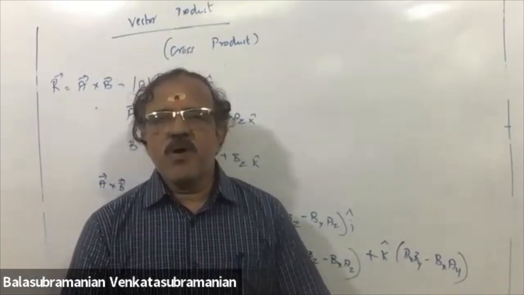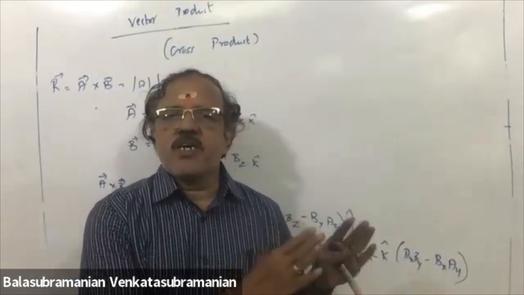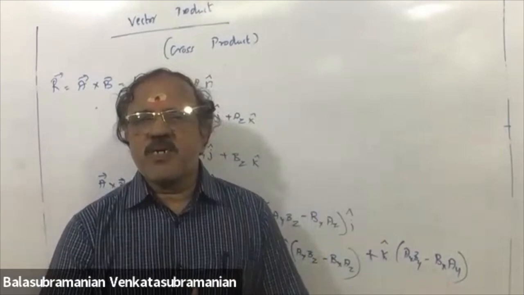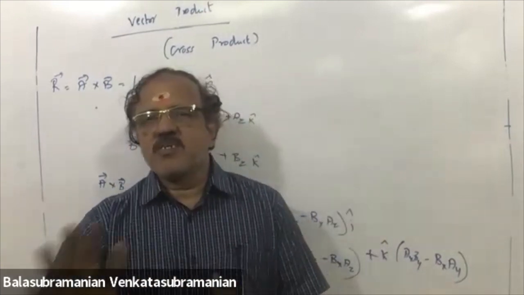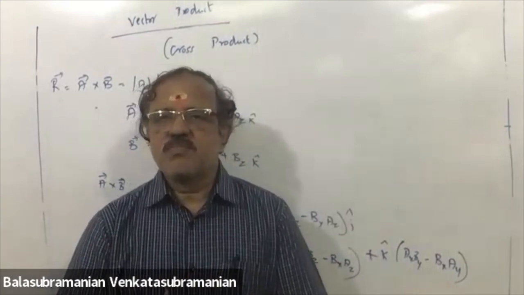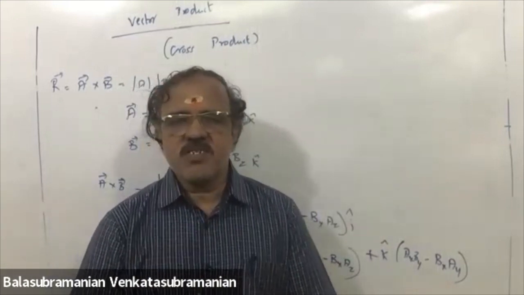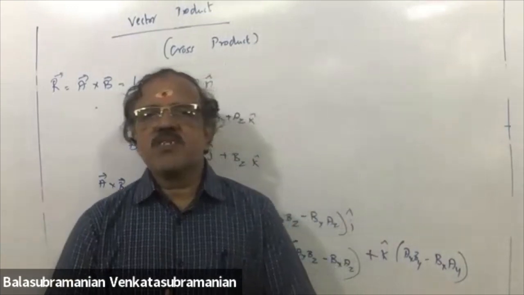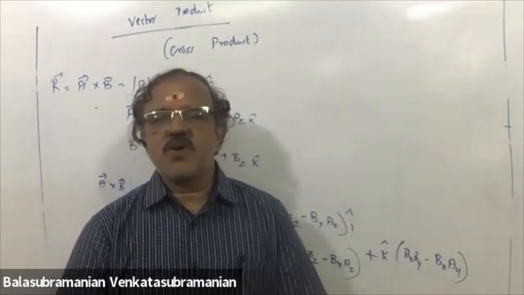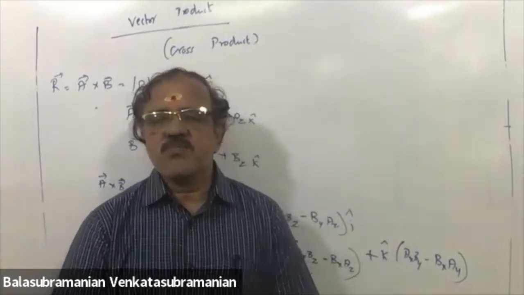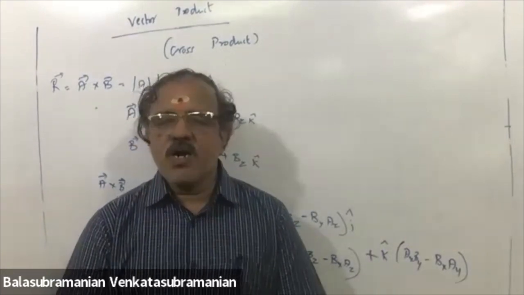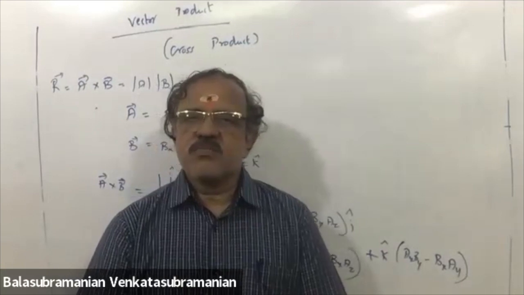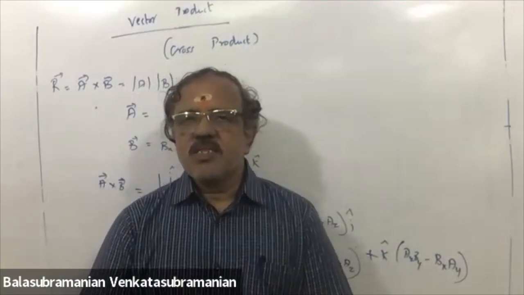Then the most important scalar product of two vectors and its properties, and the vector product of two vectors and its properties. Correct? So these are the things we have discussed. In between we discussed the component of a vector, called resolution of a vector: how to resolve vector A or vector R into two components. Okay. Thank you. We'll continue.